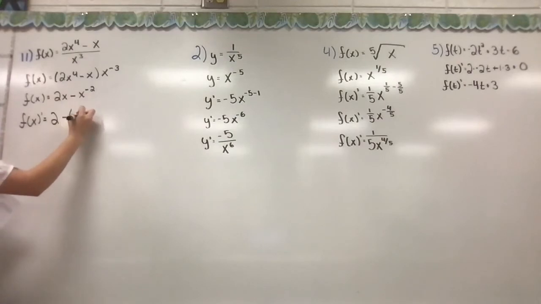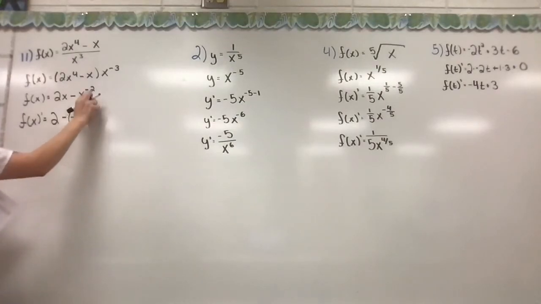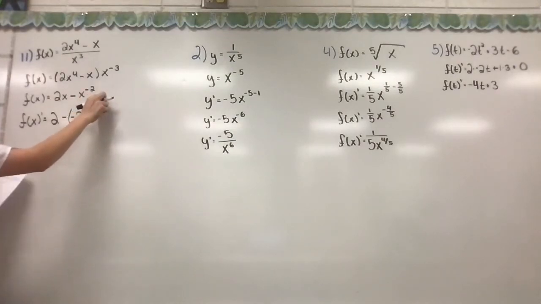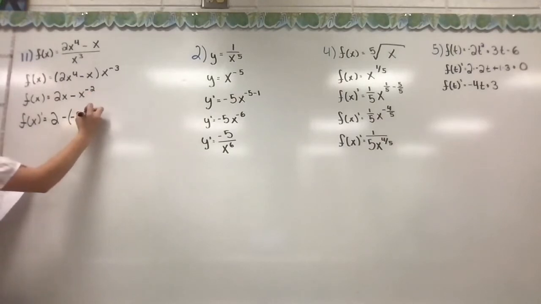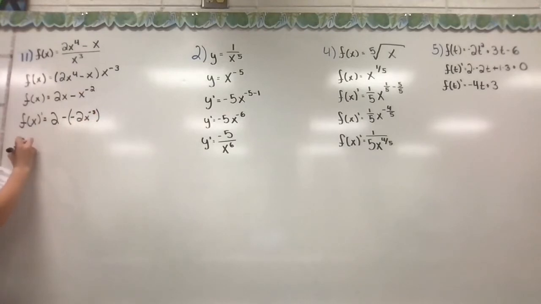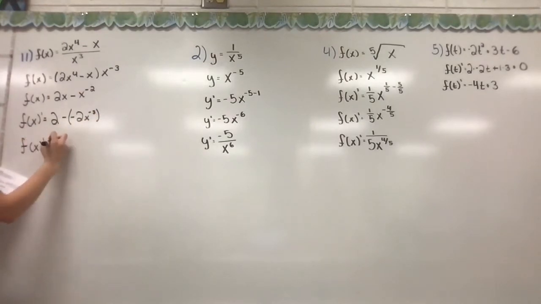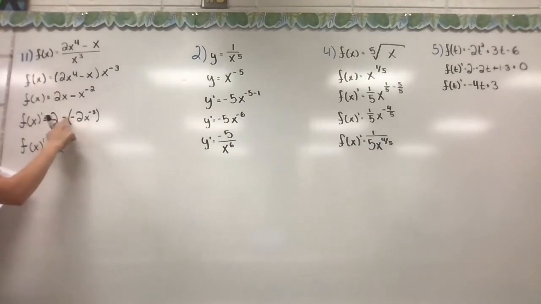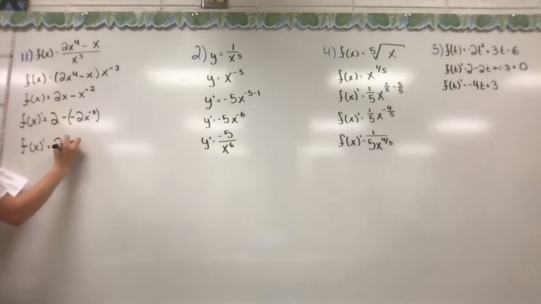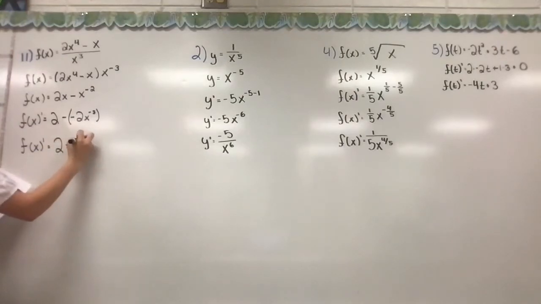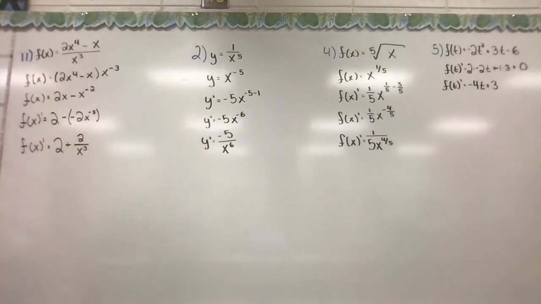We're going to remember, bring that negative 2 down, x, and it'll be negative 2 minus 1, which is negative 3. So that means that the final form here is going to be 2. What happens to these two negatives? What do they do to each other? Makes a positive over 2x cubed.